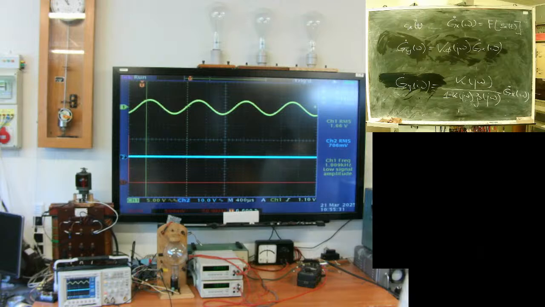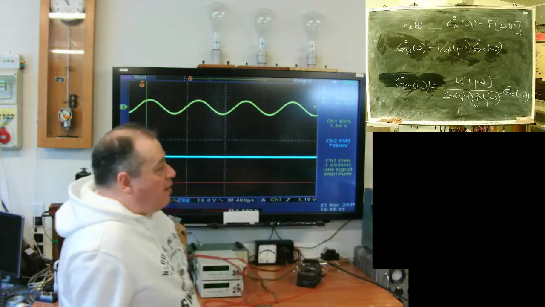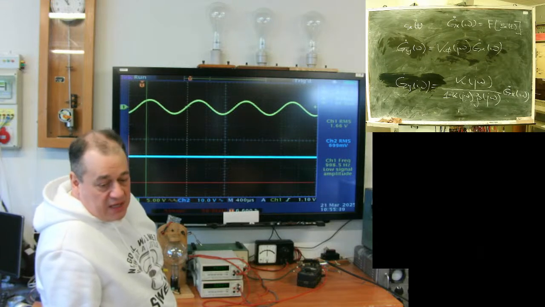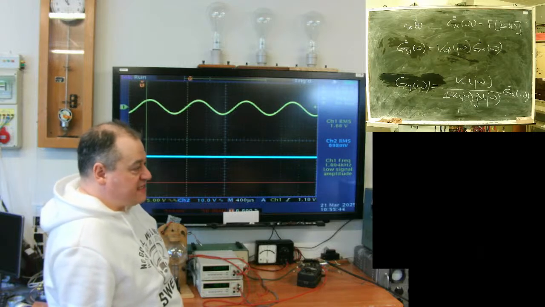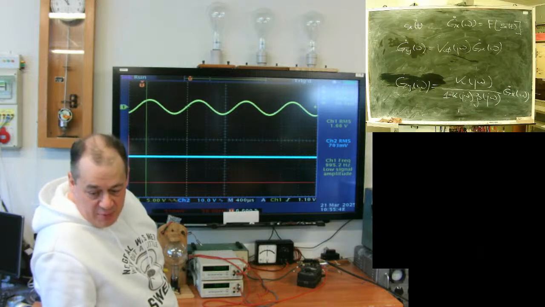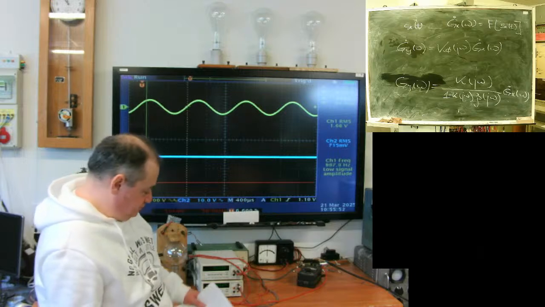I wrote this for a harmonic signal because I have a harmonic signal source, it's easy. But it's not limited to harmonic signals. I can extend it to any signal if I'm able to perform a Fourier transform on it.